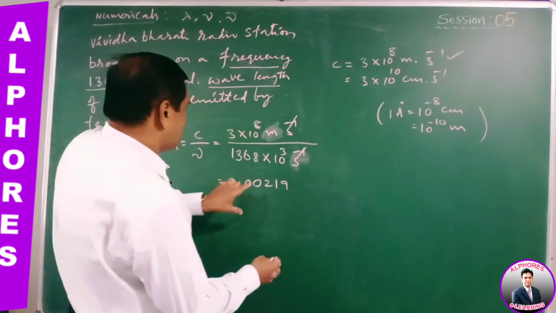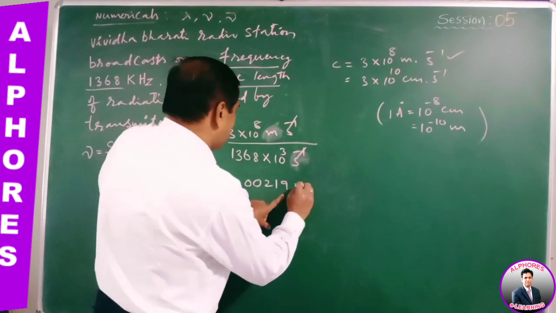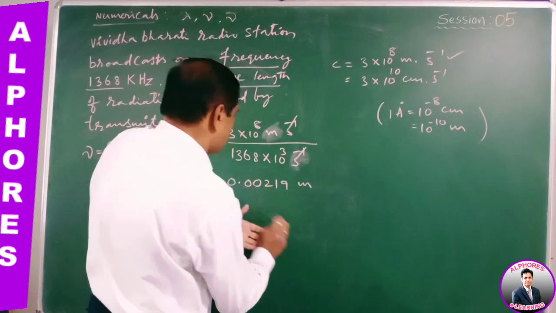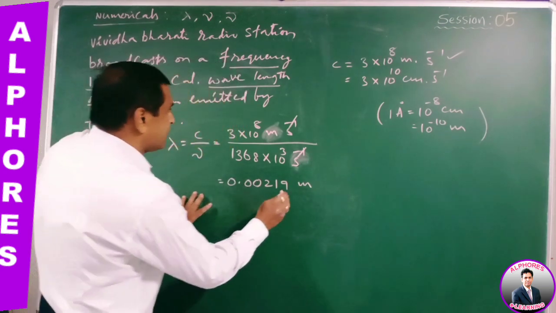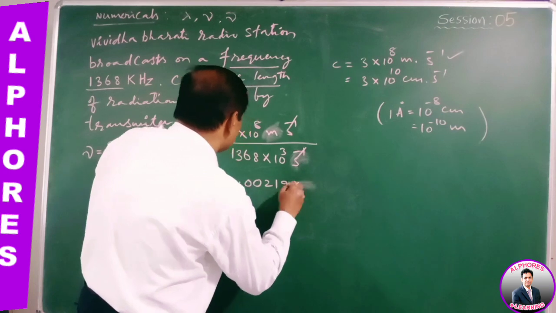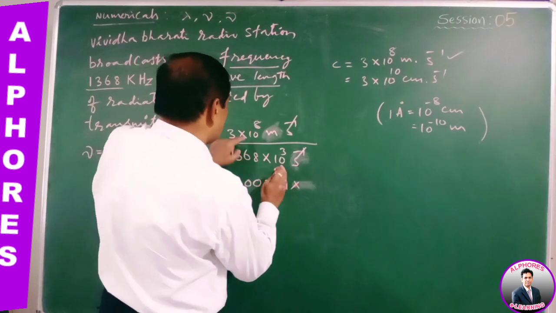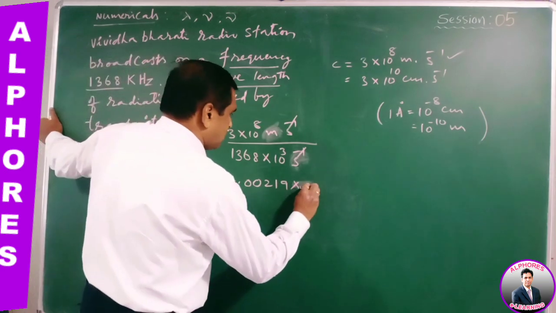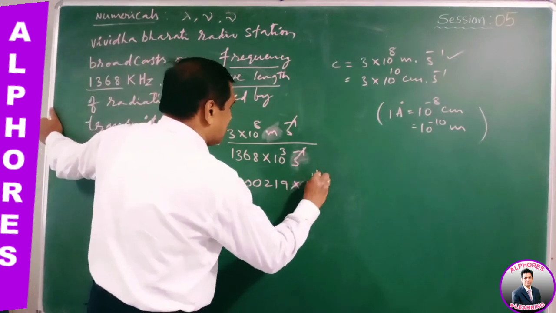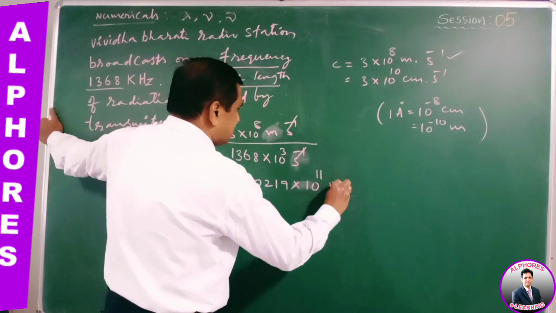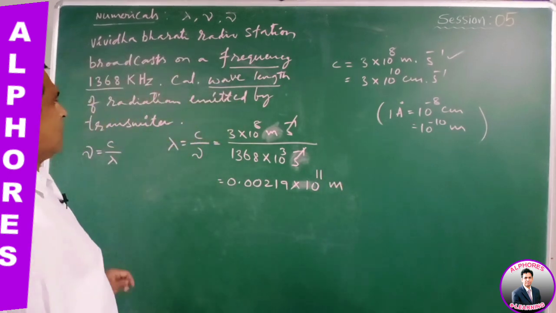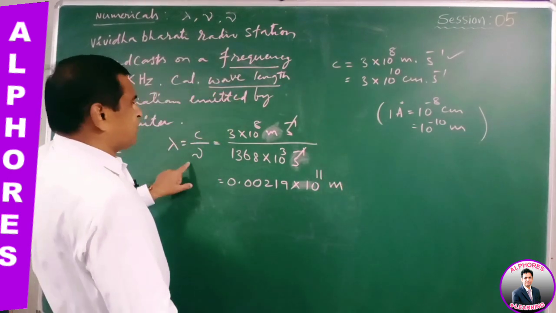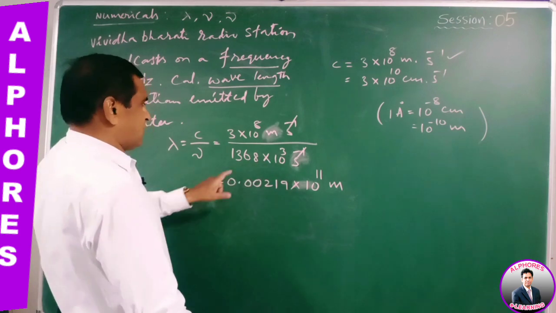Now it is 0.0029 meters into 10 to the power 11 meters. C is the velocity of light and the frequency is this much kilohertz.